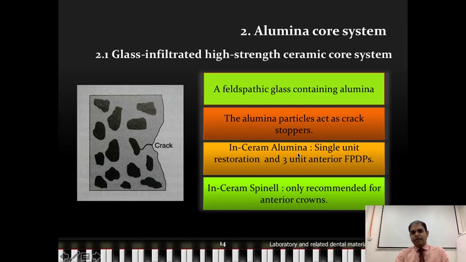One is In-Ceram Alumina, the second is In-Ceram Spinel. In-Ceram Spinel has more magnesium content, so it is more translucent compared to In-Ceram Alumina, but it has less flexural strength. In-Ceram Alumina is used in single unit restoration and also 3-unit anterior restorations. In-Ceram Spinel is only recommended for anterior crowns.